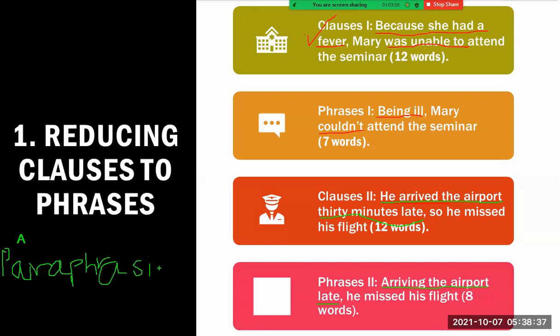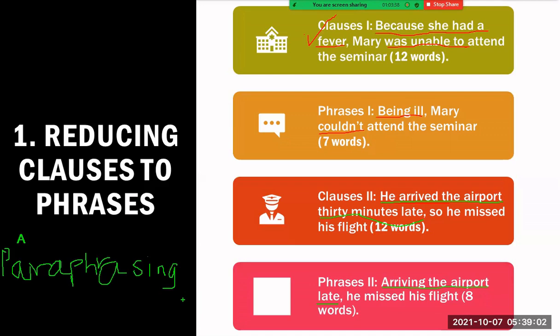I want you to take note of this. This is very important in summary writing. Now, paraphrasing has to do with reconstructing a sentence, changing the structure, and then replacing words with their synonyms, and sometimes just reconstructing the sentence.